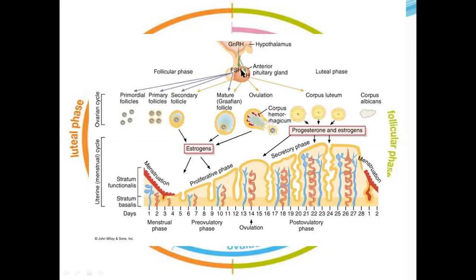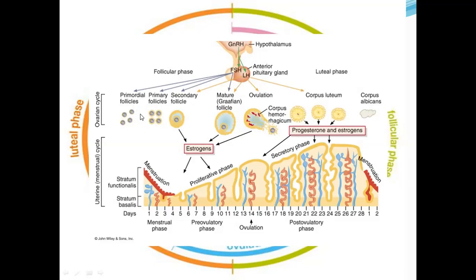That follicle stimulating hormone will act on the primary follicle. Primary follicles are specialized cells that nourish and cover the ova. So follicle stimulating hormone will convert the primary follicle into a secondary follicle, right? First, remember, it is a primordial follicle.